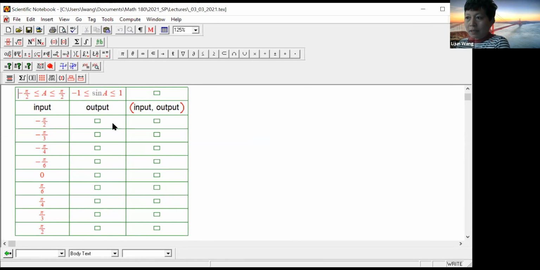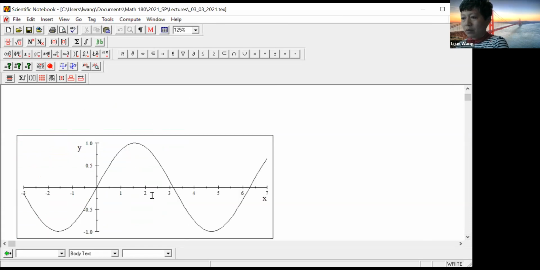Okay, and the output, you're going to give me the output and you're going to make those points. We are going to plot those points together. Did you write them down?